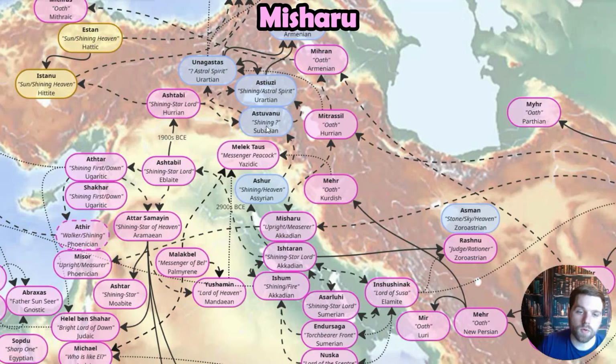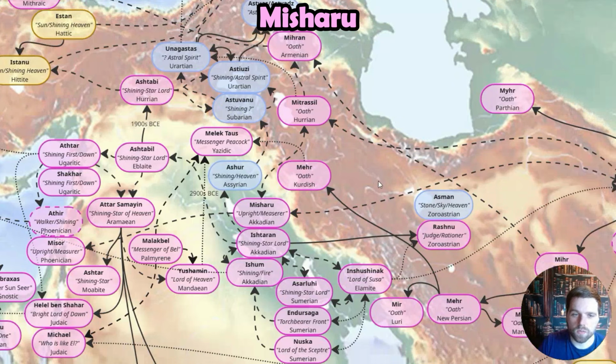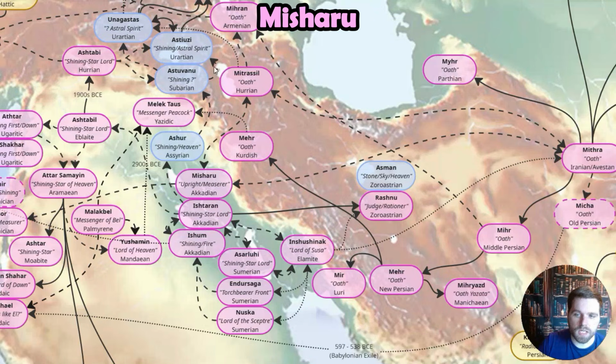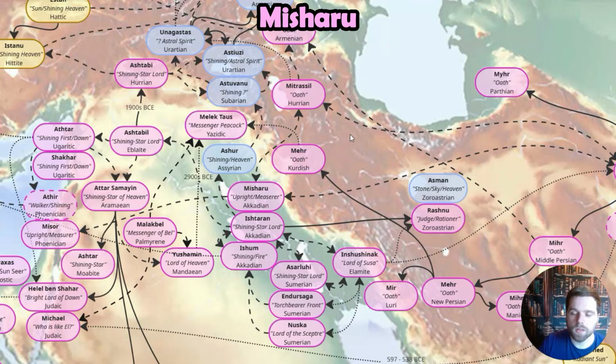We do know that the Subarians and Urartians were present around the 3rd millennium when the Akkadian Empire was getting a start. They were very loosely present up north in the Urartu region, and if there was any kind of Mitra-like character, perhaps it came from there or went to there from this deity of justice and measurement.